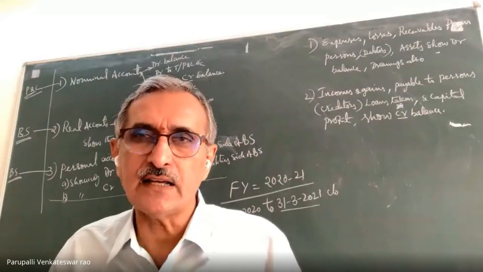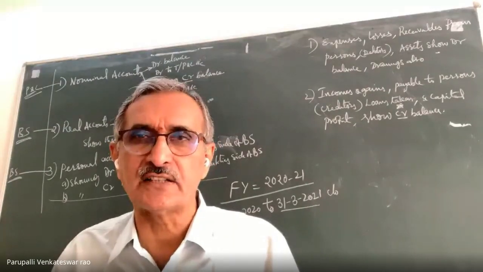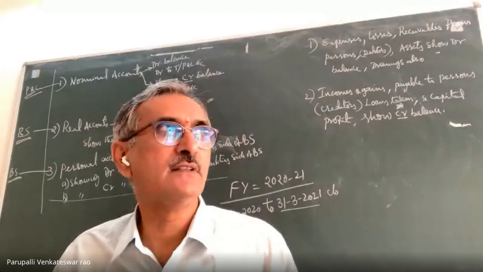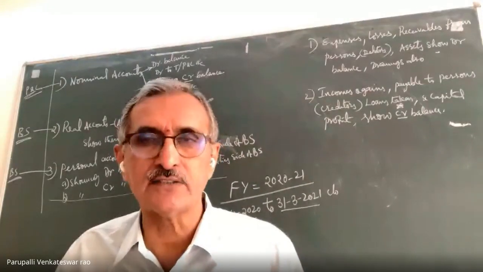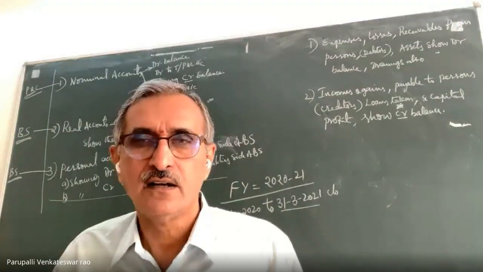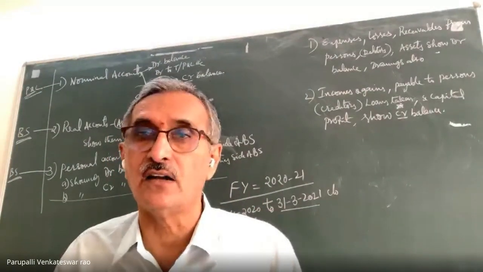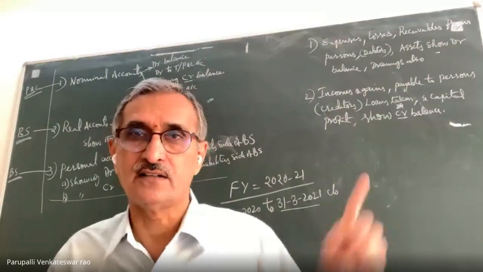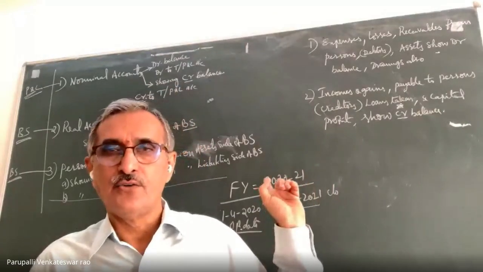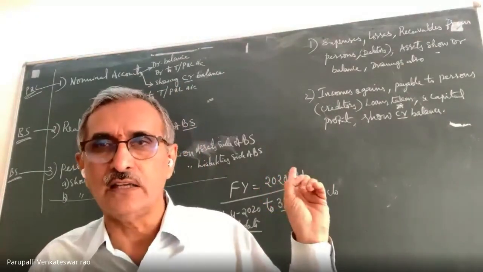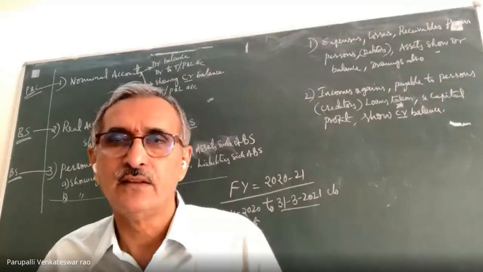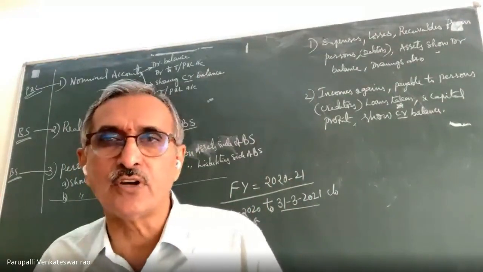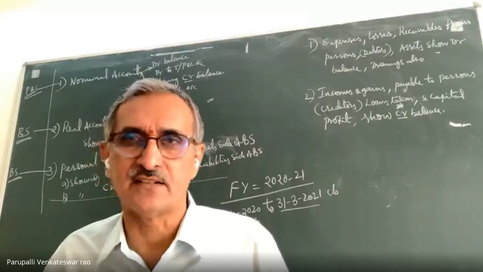Whether a stock is opening stock or closing stock, date will decide. On first day of the year, it is called opening stock. On the last day of the year, it is called closing stock. In the dates I gave, 1st April 2020 is opening day and 31st March 2021 is closing date.